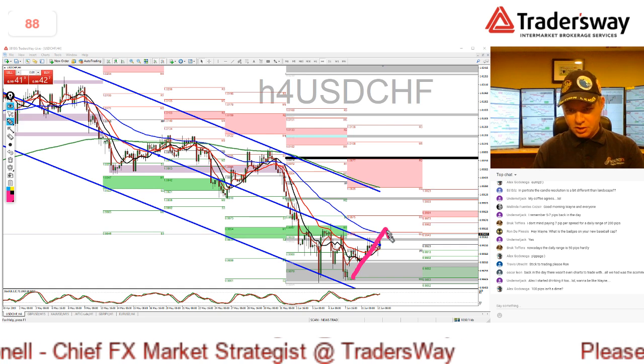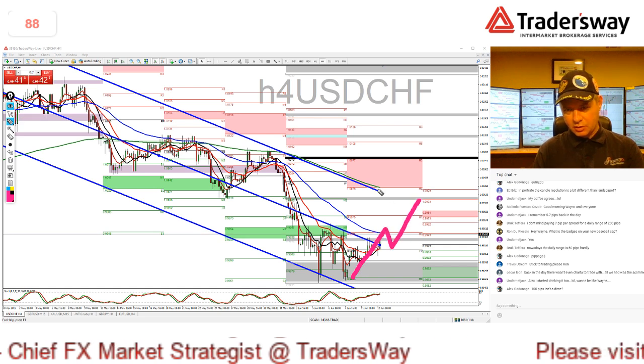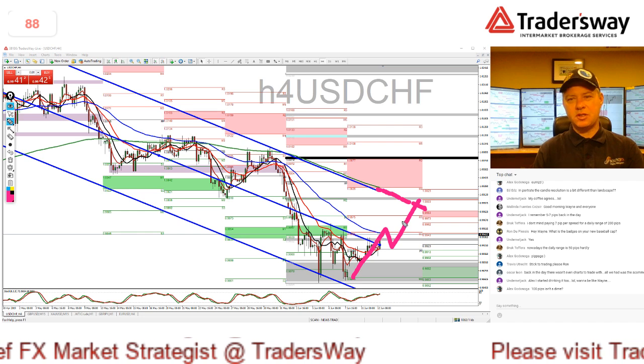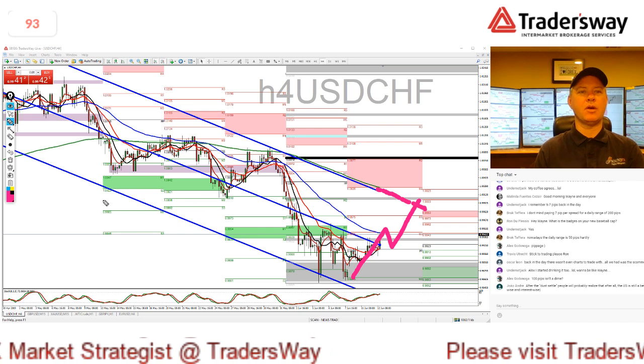So if we're breaching this area, eventually we're going to reach this, which is interesting because that's the same as the 200 EMA.